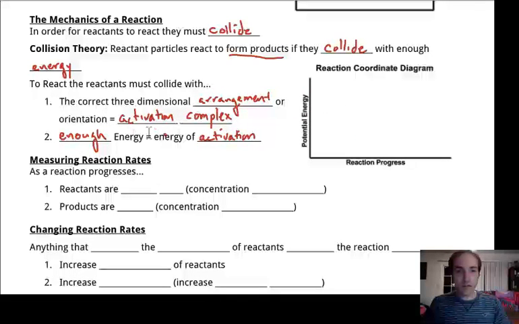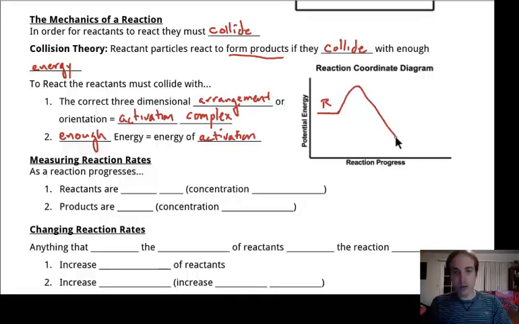So we can think of the energy of activation over here as you have your reactants that start the reaction. First of all, they have to collide, and then once they collide, a certain amount of energy has to be put in. So you have to input. Notice this is potential energy on the left. So as we go up here, we're adding energy, and then once you've added that energy, you get your products.